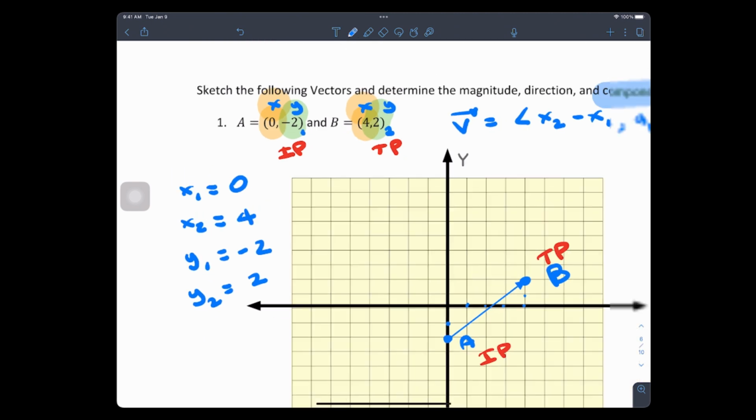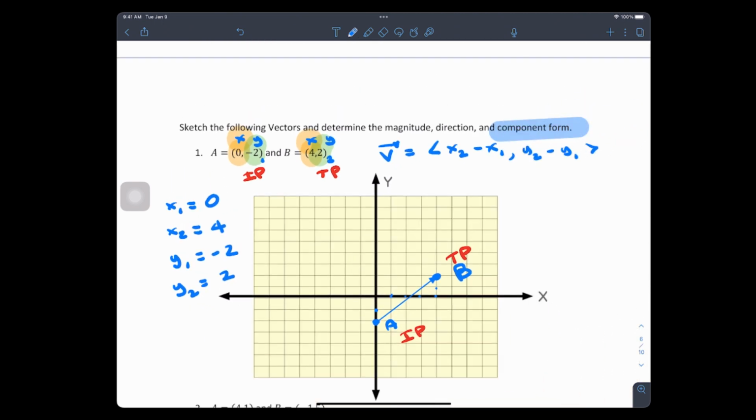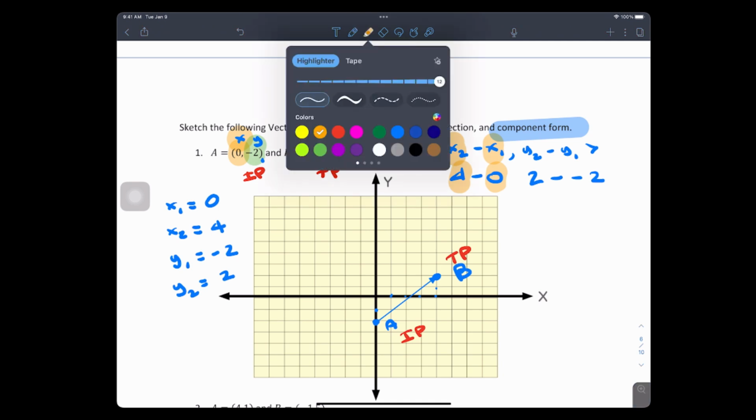So we need to now do what? We got to take 4 minus 0 right up in here. And the other one is going to be what? 2 minus a -2. Be careful there.